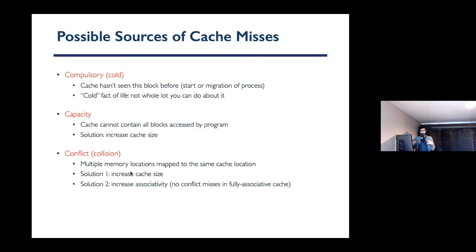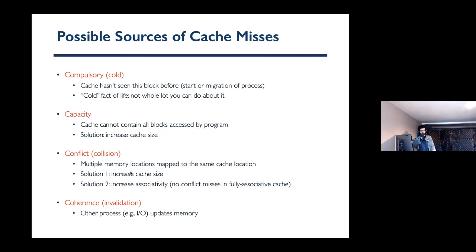If you increase direct map to two-way associative, you all of a sudden have two options, and that decreases the competition for each one of them. If you have a four-way associative cache, now you have 4 blocks, and that increases the chances of holding on to a memory block and not evicting it because of a conflict. So it decreases the conflict misses.